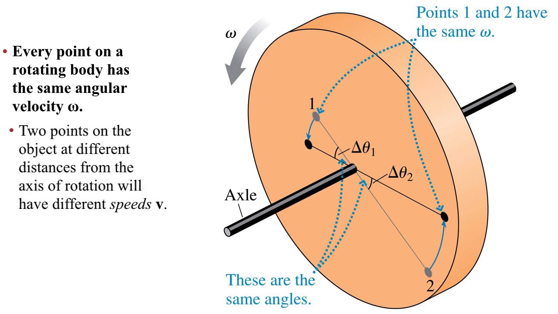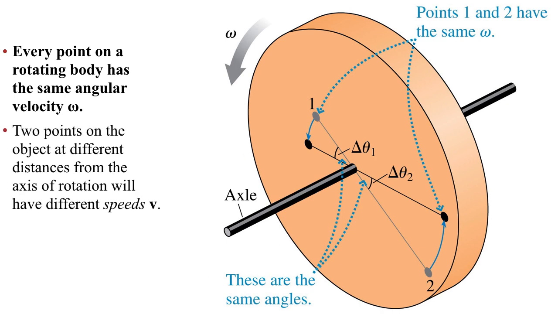Now, two points at different distances from the axis are going to have different speeds. Stuff out here at the edge of this disk is going to be going pretty fast, a higher number of meters per second than stuff down close to the axis.